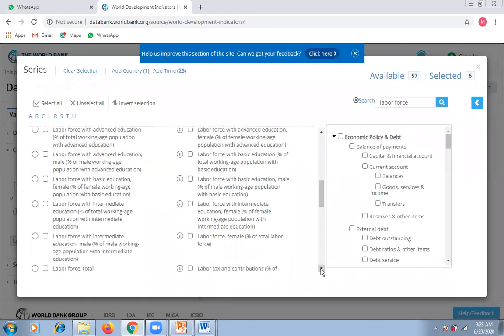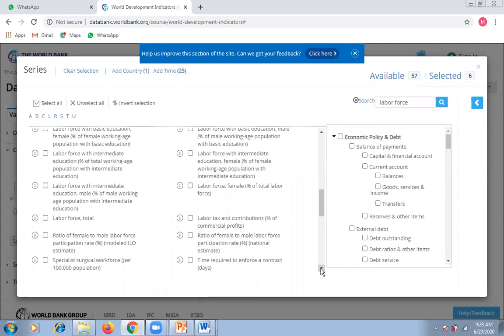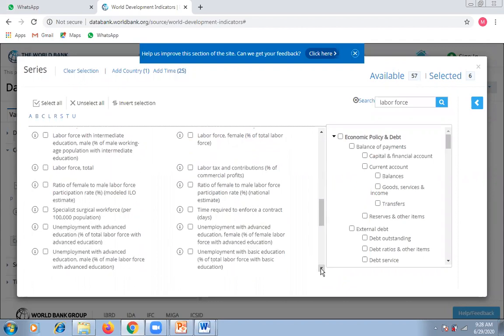We have done this one. Okay, next one is our education. Human capital, beta, educated person. You are going to education, secondary education. I am trying secondary education.